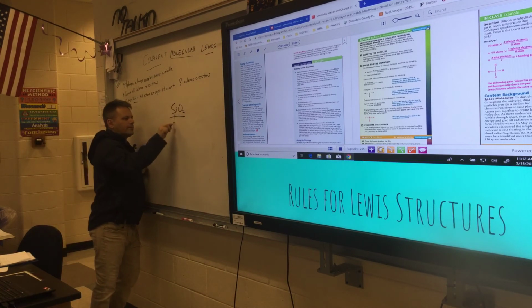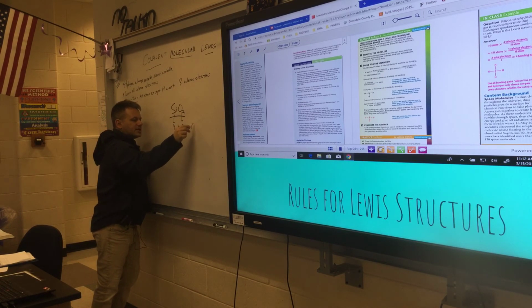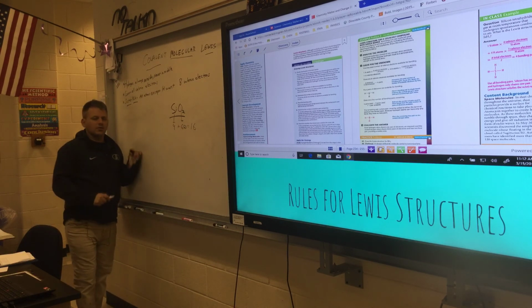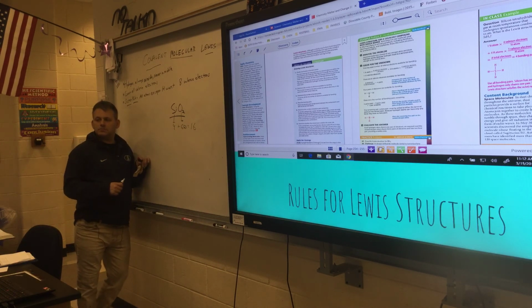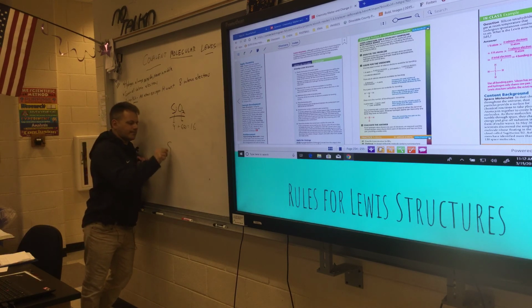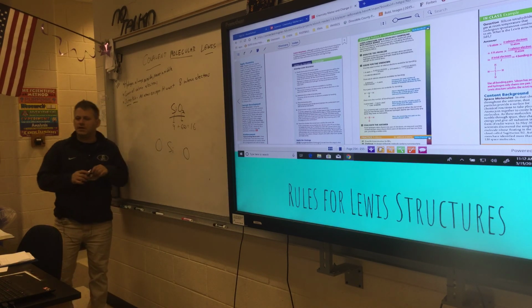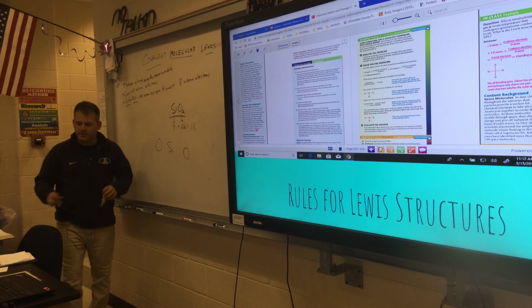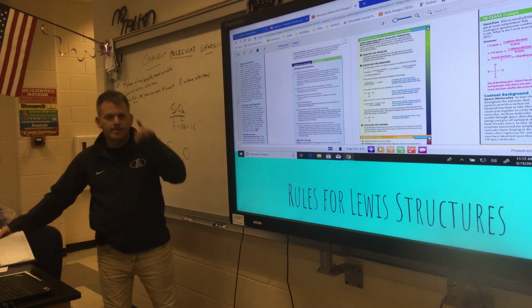Silicon has 4. Oxygen has 6. It's 12 plus 4, that's 16 total. Which one goes in the middle? Silicon. Oxygen's on the outside. All right, you guys make that work.